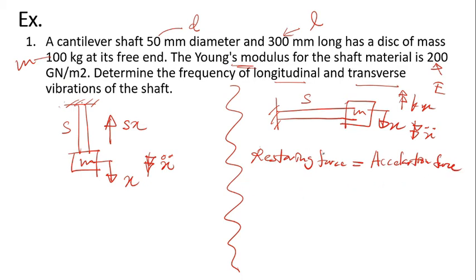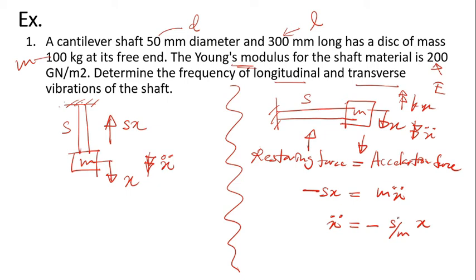The restoring force is acting upwards and the acceleration force is acting downwards, therefore we can write this as minus Sx equals m x double dot. Okay, therefore x double dot equals minus S over m into x.